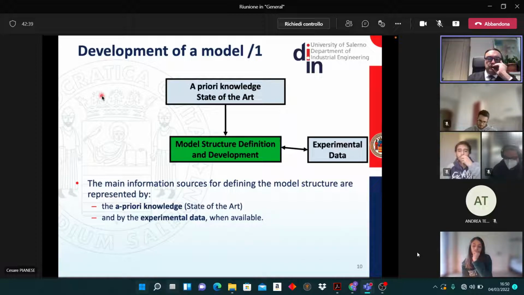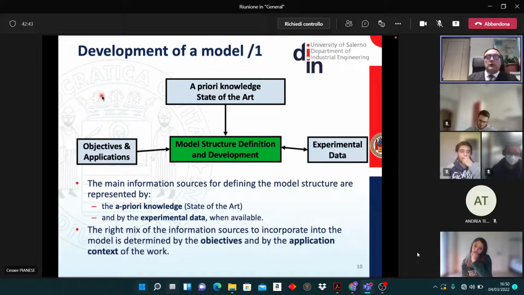Of course, we need to know what our objectives and applications are, because, as it's written here, the mix of information sources that should be incorporated in the model is related to the objectives and application, and then the context of the work.